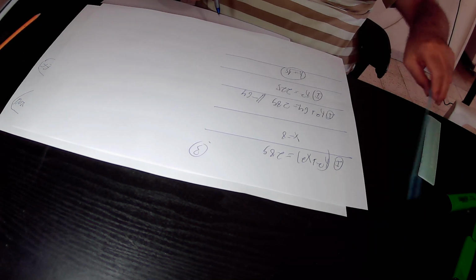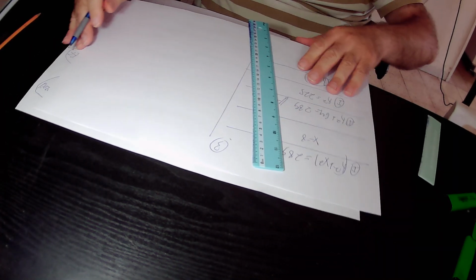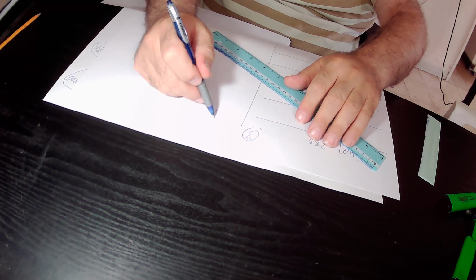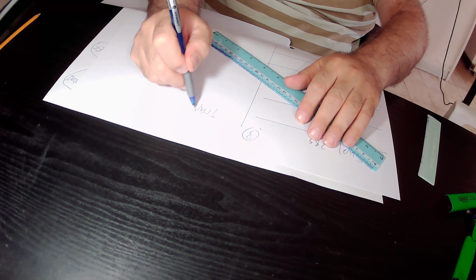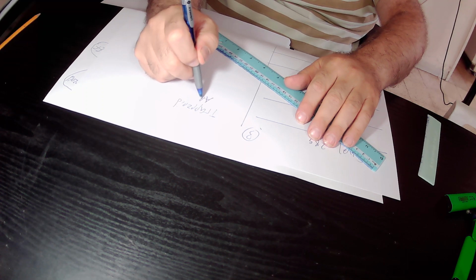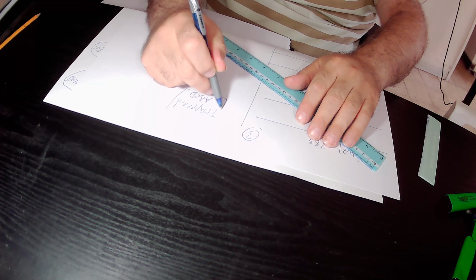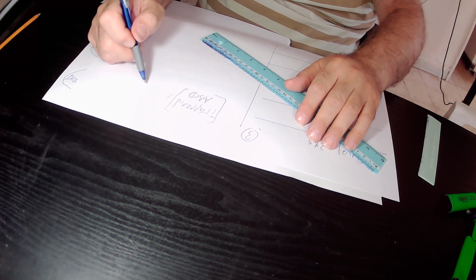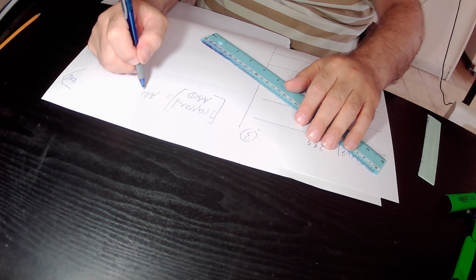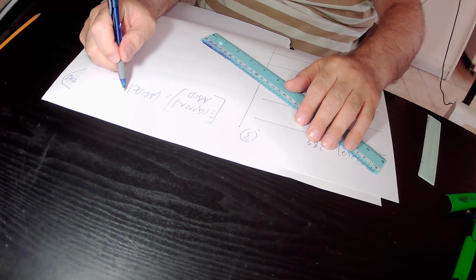I showed you that the area of trapezoid ABCD is equal to the sum of its two parallel bases, that is AB plus DC, times the height, that is h, over 2.